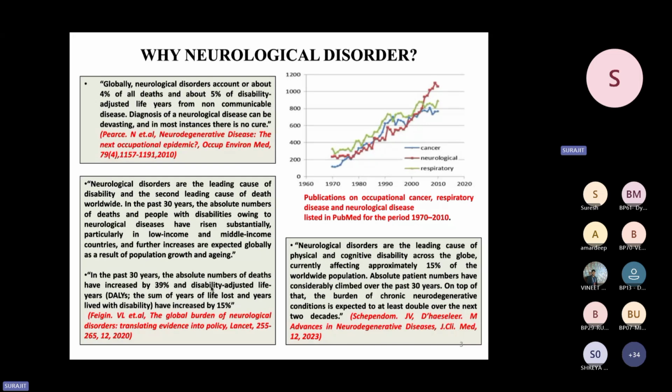Another article was published in 2023 in the Journal of Clinical Medicine, saying that neurological disorders are the leading cause of physical and cognitive disability across the globe, currently affecting approximately 15% of the worldwide population. Approximate absolute patient numbers have considerably climbed over 30 years.